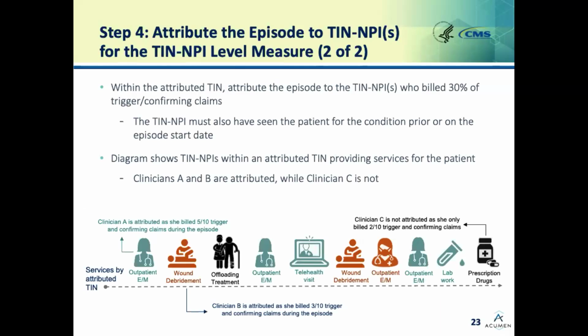So in the diagram, we demonstrate how clinicians within a TIN are attributed an episode while others are not, based on the share of services that they bill. And there are some additional checks that we do to make sure that the attribution is identifying the role of the individual clinician, including checking that they either provided the initial trigger service or that they had seen the patient prior to the episode start.